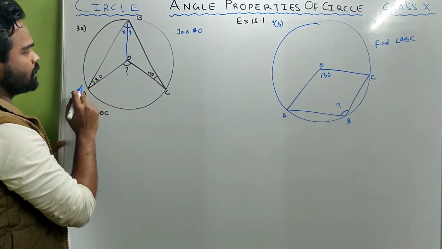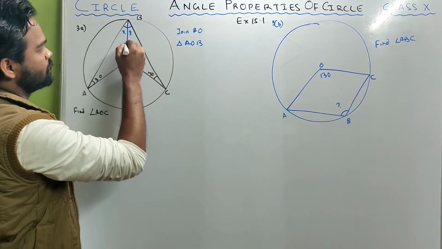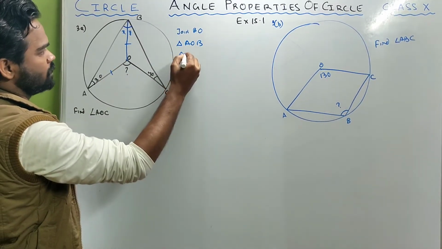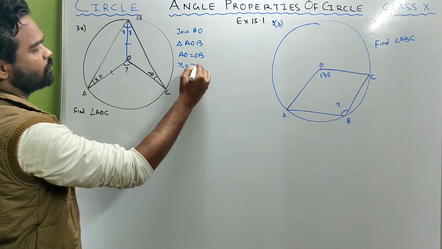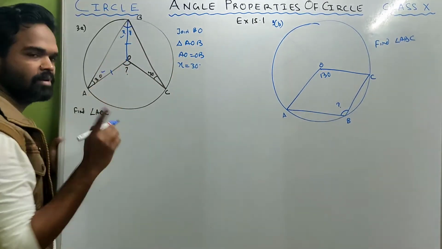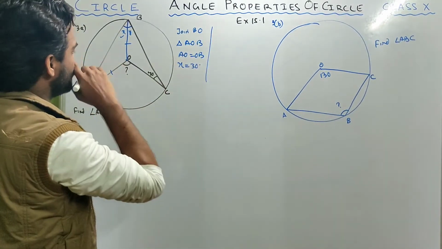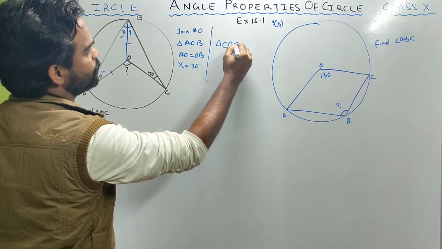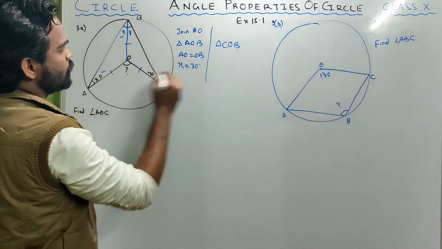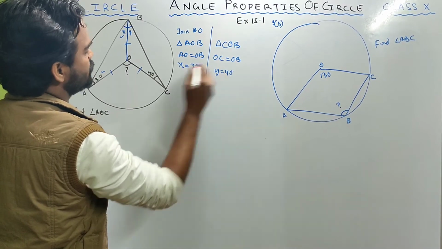So look at triangle AOB. AO is equal to OB. That's the radius, which means X will be equal to 30 degree. This angle and this angle will be equal. Isosceles triangle. Similarly, if you look at triangle COB, OC equals OB, which means Y equals 40 degree.